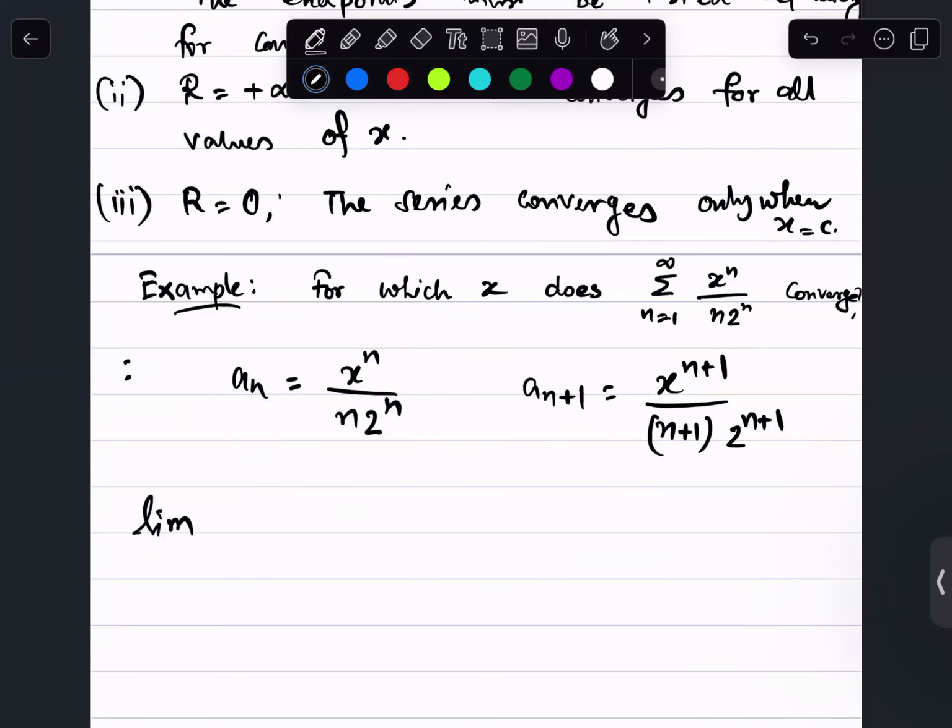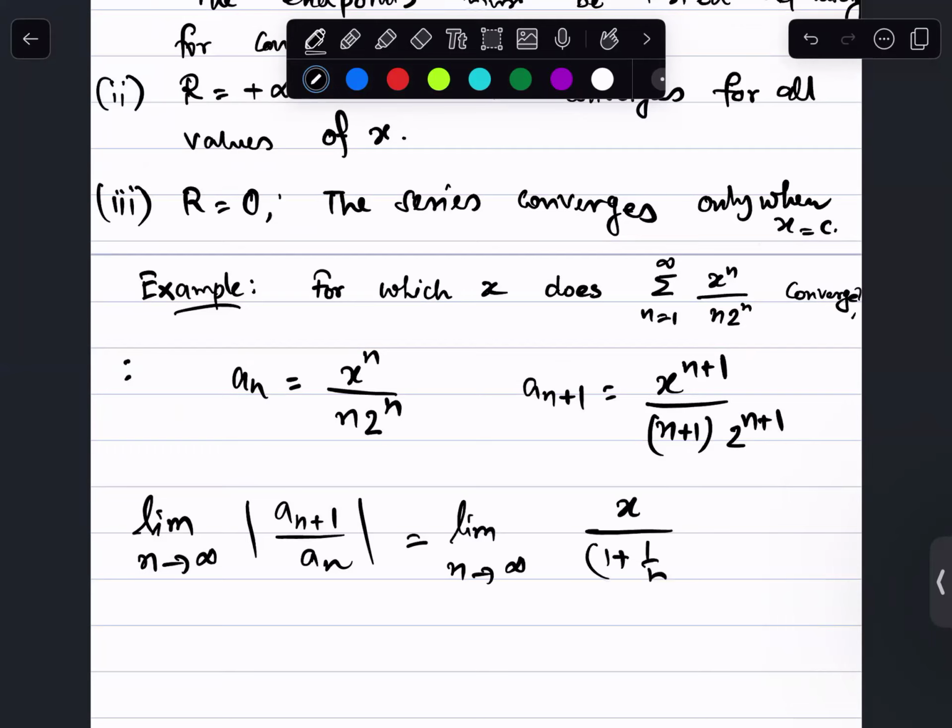So limit n tends to infinity, an plus 1 over an. If you do the calculation, I'm leaving that step because I have already done those in solving the ratio test problems. Then you will get something like this.